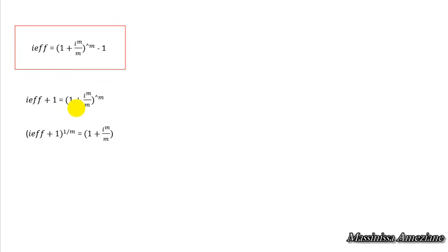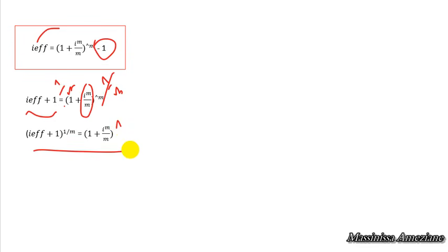So we know that the effective interest, so we take this minus 1 here, it becomes plus 1, equals 1 plus the monthly interest power m. So here we can power it by 1 over m. This one becomes 1, and here becomes 1 over m. We get this. So it is the effective interest plus 1 power 1 over m equals 1 plus the monthly interest rate.